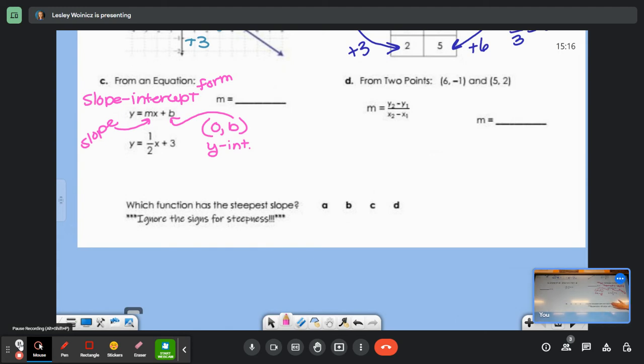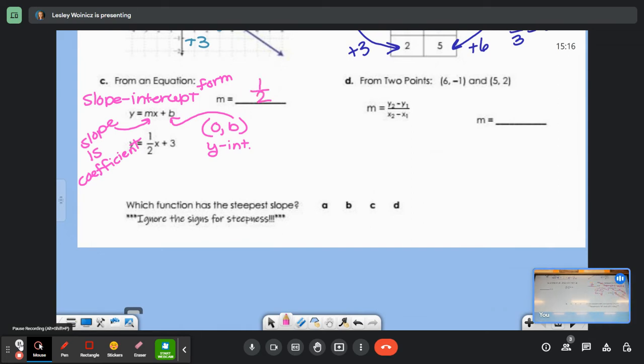So notice that the slope is the coefficient of x. So what number is the slope, the 1/2 or the 3? The 1/2.